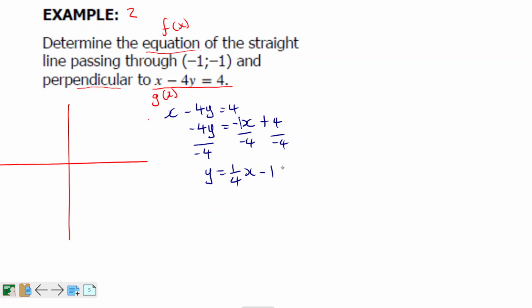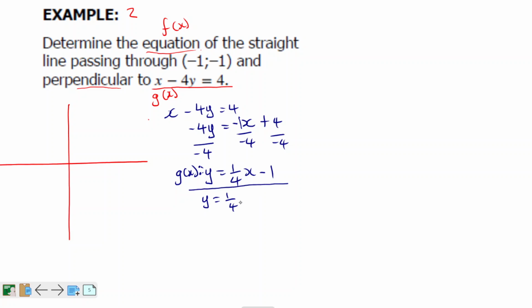So this is now the equation of the line that I called g of x. So y equals 1 over 4 x minus 1. So this is the equation. I want to plot this graph. Remember we said if you want to plot the graph, we must first find the y-intercept. How to find the y-intercept? Make x 0.